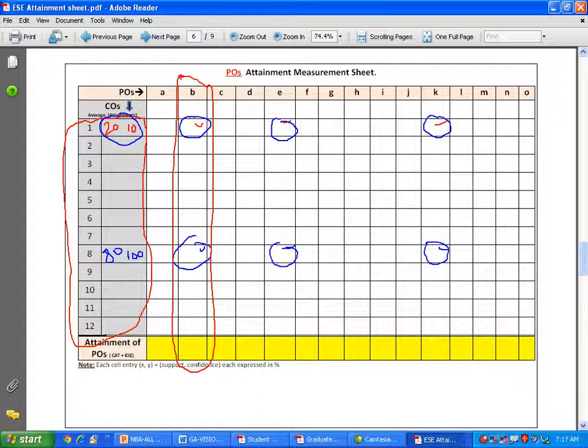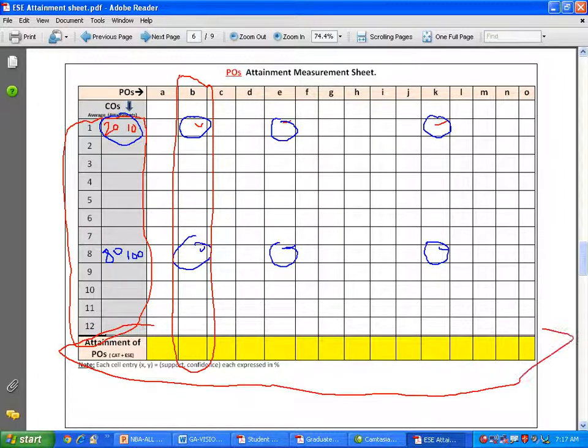Similarly, I take the average of all the columns, and this particular row speaks about the attainment of all the program outcomes which are relevant to this particular course.